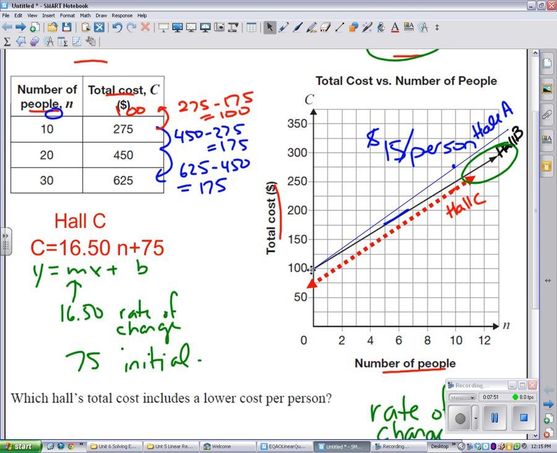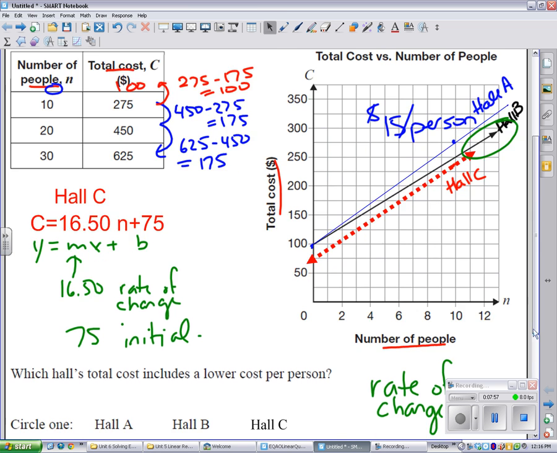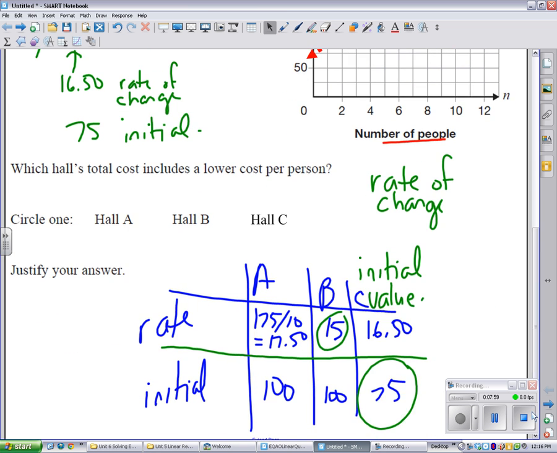Well, these two lines currently have the same starting point, as I noticed in my initial comparison down here. So they both start at a cost of $100, and Hall A rises at a faster rate than Hall B, so actually Hall A will always be more expensive than Hall B.